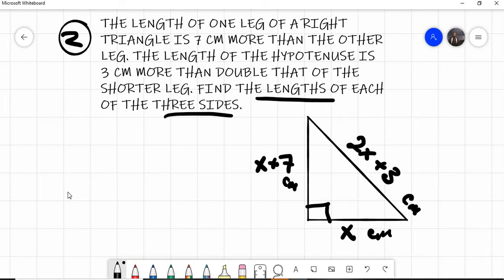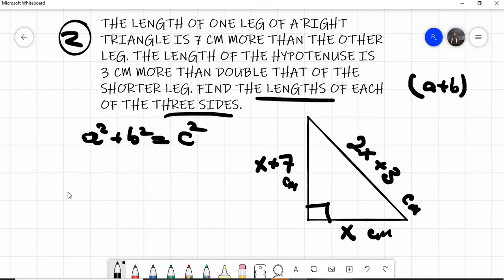That's it. So the formula we need first is the Pythagorean theorem: a squared plus b squared equals c squared. That's what we have to know first. And then there's another one we're gonna need later. So we need how to do a plus b squared.